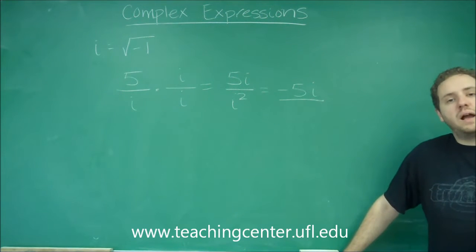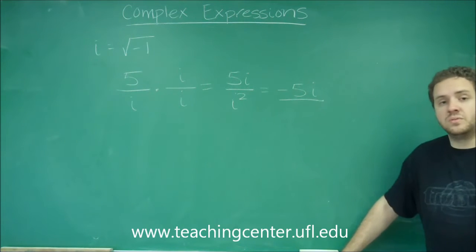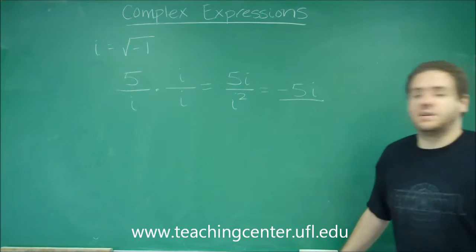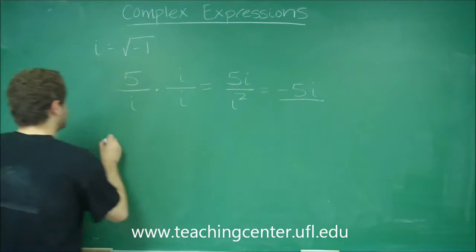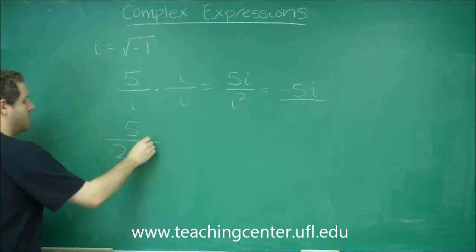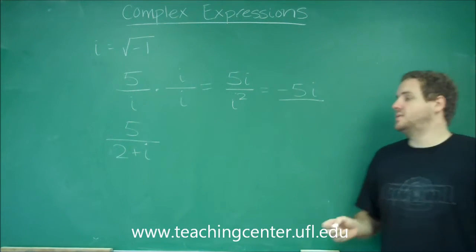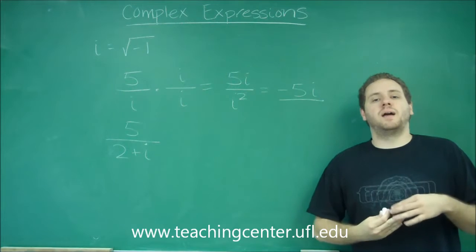The other way that you rationalized expressions when you had real things in their roots was by doing the conjugate. And the conjugate is if you had something like this, 5 over 2 plus i. So again, this isn't rationalized because we have an i in the denominator, but we can't just multiply by i to get rid of it.